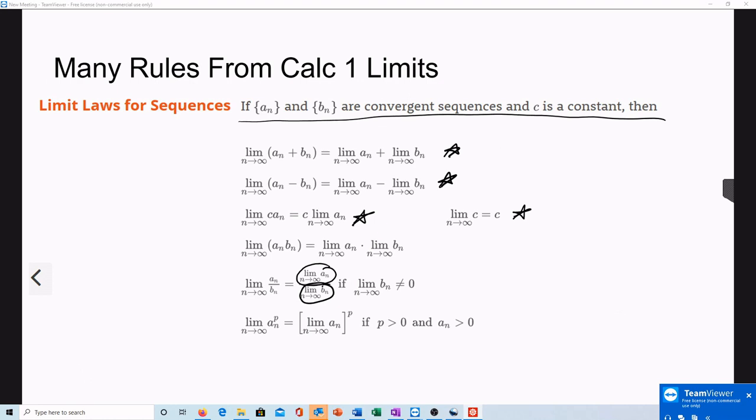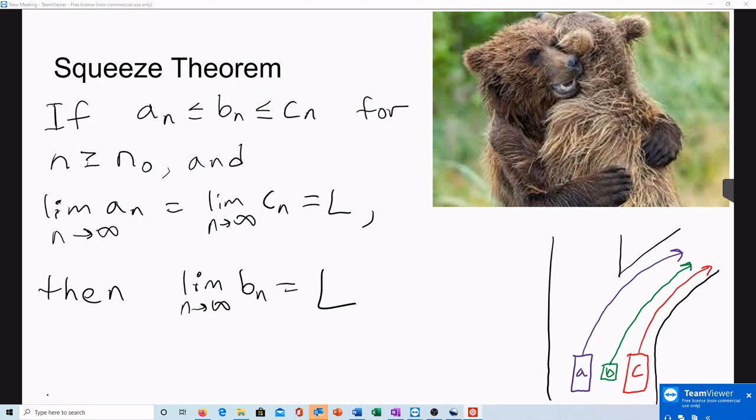So this does not work trying to do infinity over infinity stuff, because those aren't convergent. Another really nice idea is if the limit of a sub n itself is convergent, goes to something, then if I have a power in here, I can sneak the limit inside the power. And there's a couple extra conditions in here, that the power has to be positive, and so does each element of the sequence. So every single a sub n has to also be positive. But some nice limit laws. So just try to remember these. They'll come in handy as you do limits in the future.